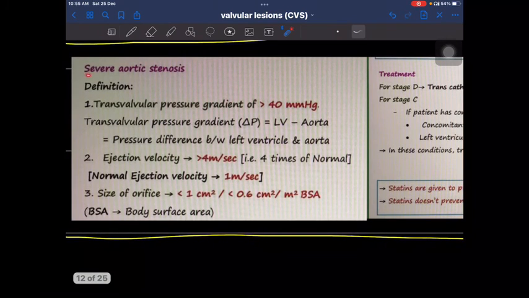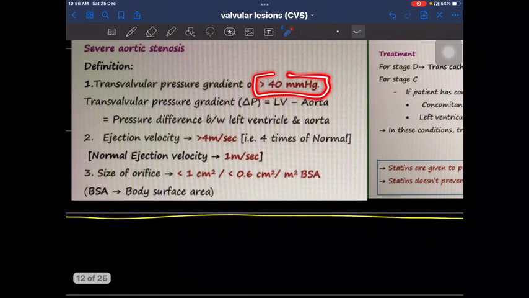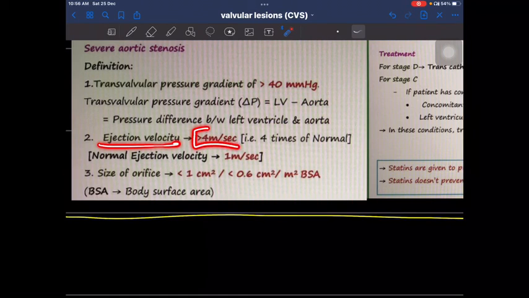So in severe aortic stenosis, we have a special definition for this, and this can be given to you as a multiple correct answer question. So if the transvalvular gradient is more than 40, okay, what is this? This is the pressure difference between the left ventricle and aorta. All right. If it is more than 40, if the ejection velocity is more than 4 meters per second, okay, that is 4 times the normal.